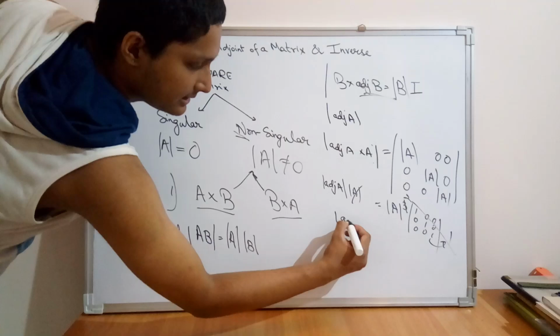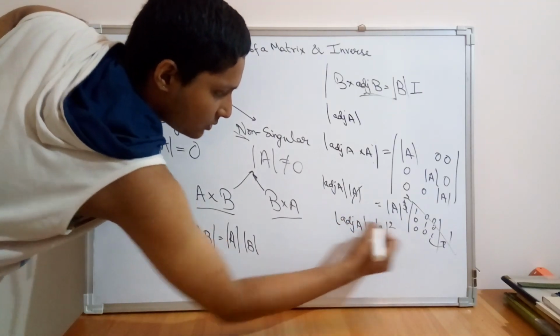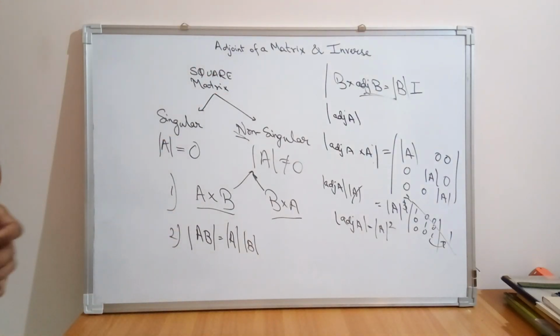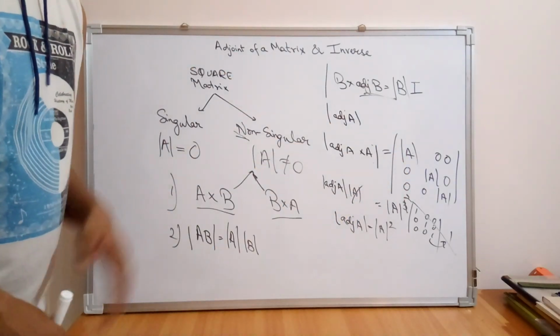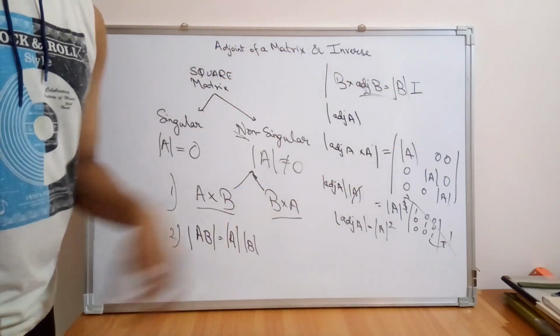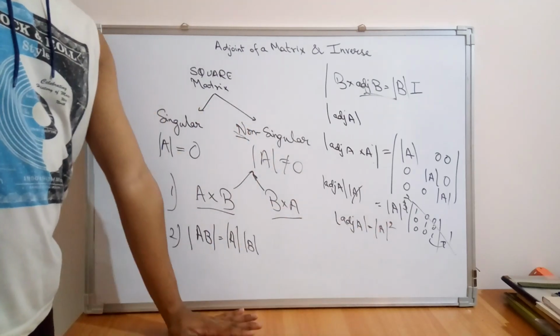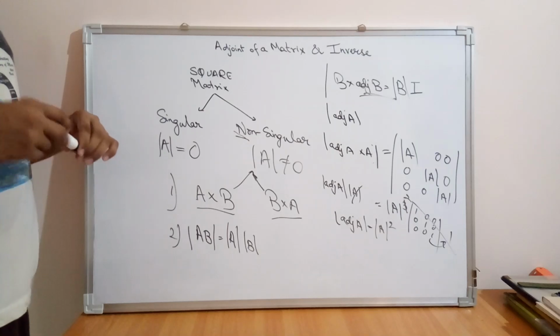Therefore, det of adjoint A is equal to det A square. Why has that square come over there? I have taken the order to be 3. If it was order 2, then I would have got det A only, right? I would have got det A only in such a case.